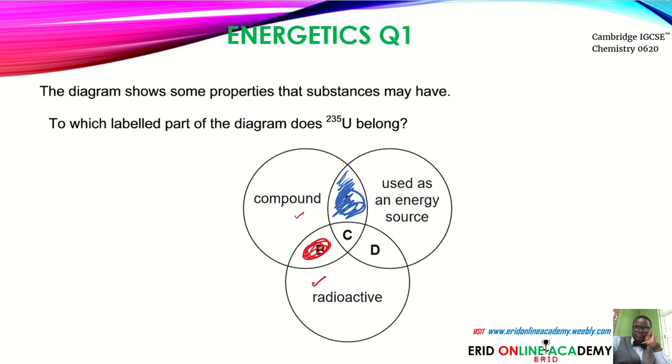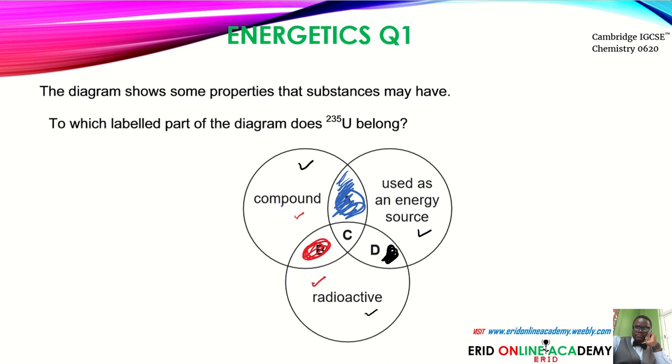So this particular point shaded black, that is D, means that that particular substance in question is both radioactive, it's both used as an energy source and also a compound.